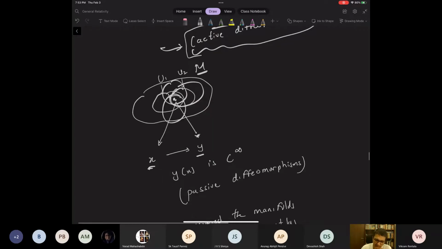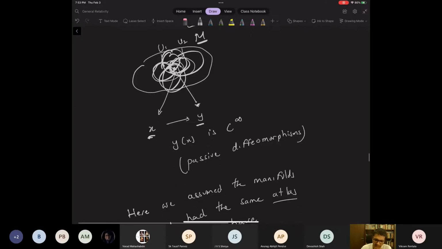If you've taken all possible patches, then in some patch you will get some function y of x, and these y of x will be C infinity functions. Indeed, if you take all possible coordinate systems on this manifold, you will cover all possible coordinates that you can choose which are infinitely differentiable.